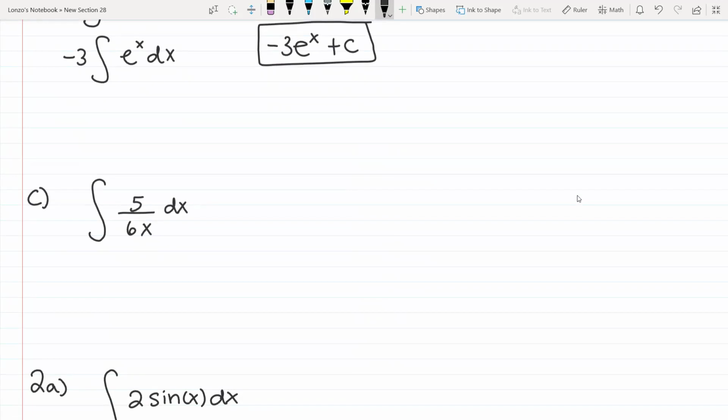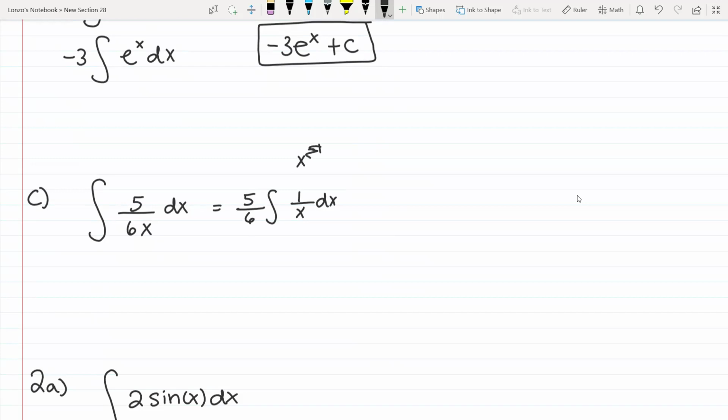Okay, so 1c, we have to take the integration of 5/6x dx. 5/6 is a constant, so you take it out, and you're left with 1 over x dx. What is the integration of 1 over x? Do not write it out as x to the -1 and use the power rule.